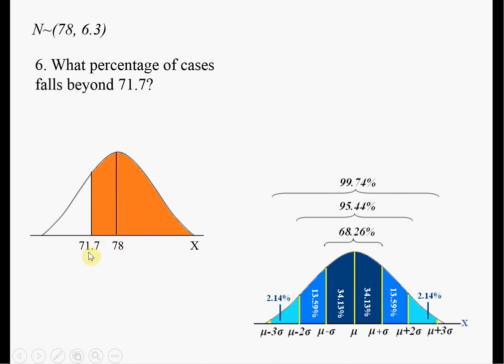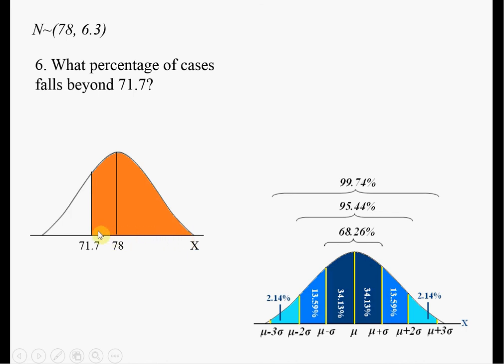So you must draw 71.7 to the left of 78. After that, you look at the question, what percentage of cases fall beyond 71.7? Beyond obviously means that those cases have to have values larger than 71.7 here.